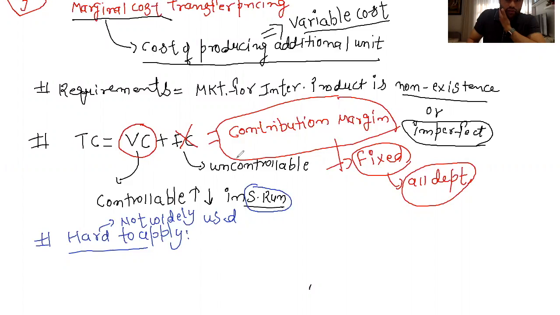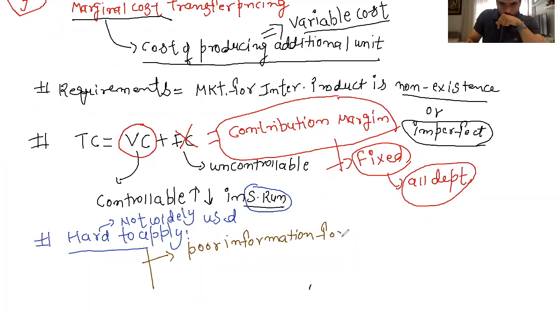So what are the reasons why this method is hard to apply? First of all, this method provides poor information for performance measurement and performance evaluation, right?